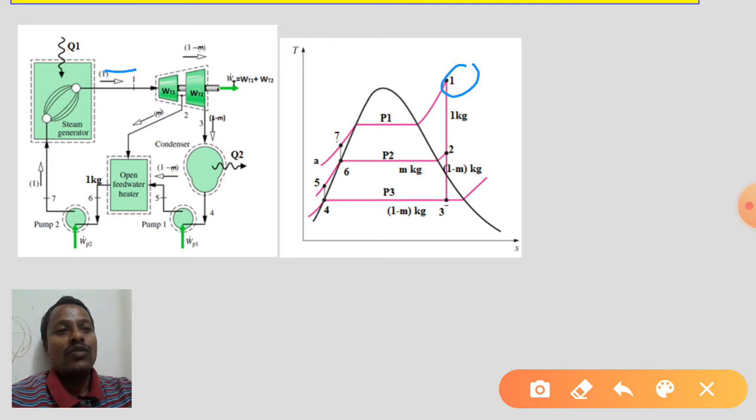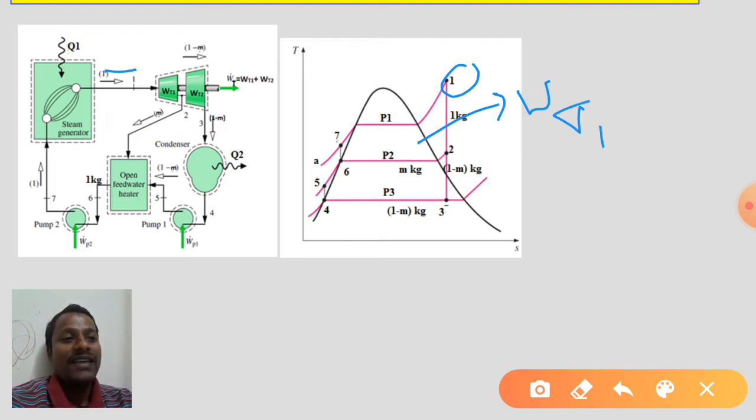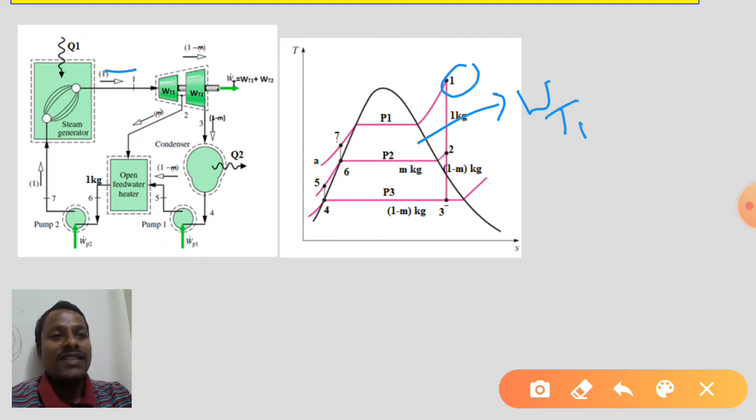After 1 to 2 it undergoes expansion, producing WT1, that is, the turbine stage 1 work produced. At state 2 we are drawing m kg of steam out of this turbine at pressure P2.